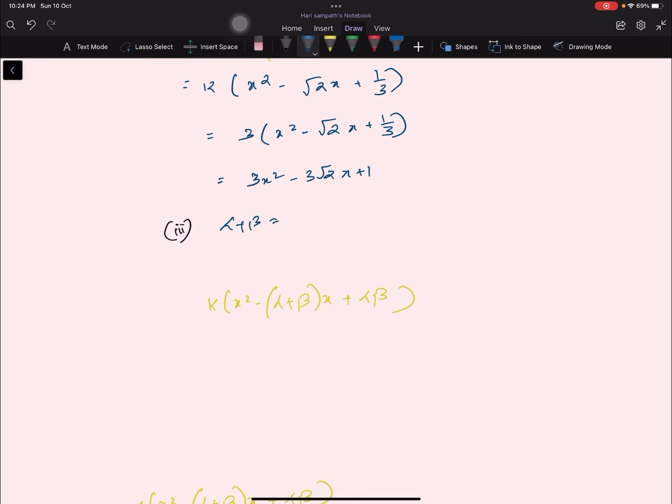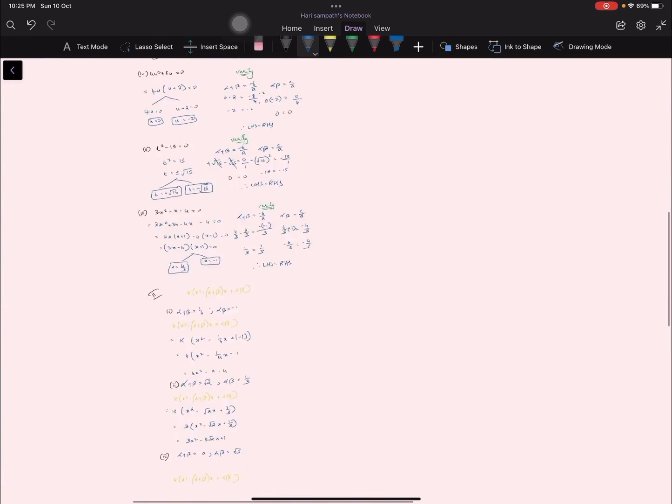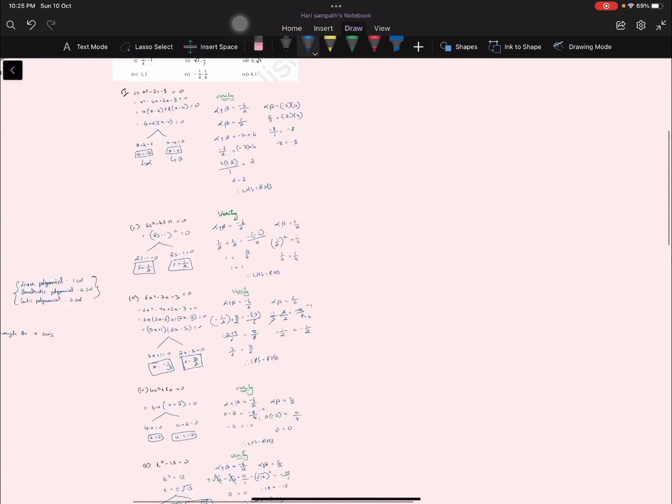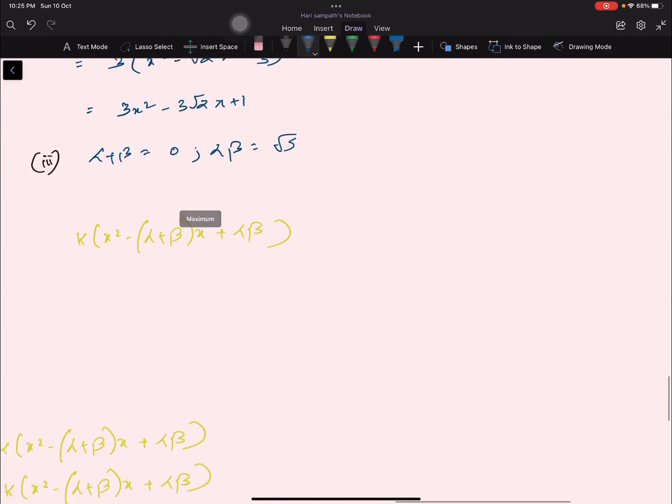Alpha plus beta is equal to 0. Alpha beta is equal to... Wait. Is that 0 comma root 5? Yes. They're the sum and product respectively.